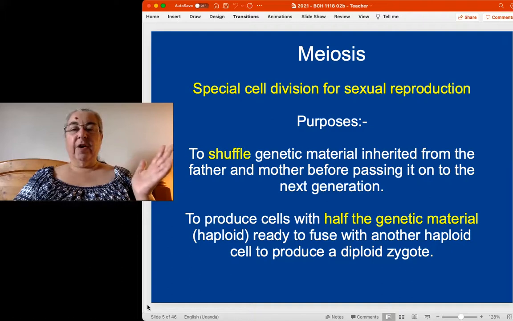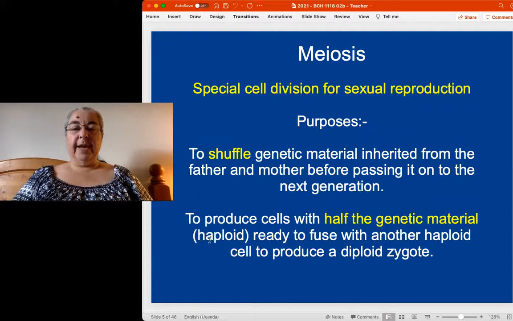I've said father and mother here, but it could equally be two microorganisms. And it allows production of cells with half the genetic material, which are known as haploid cells.